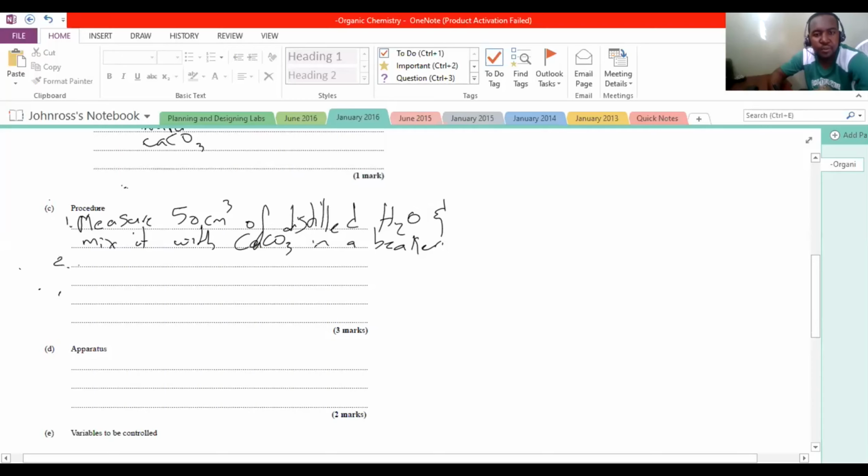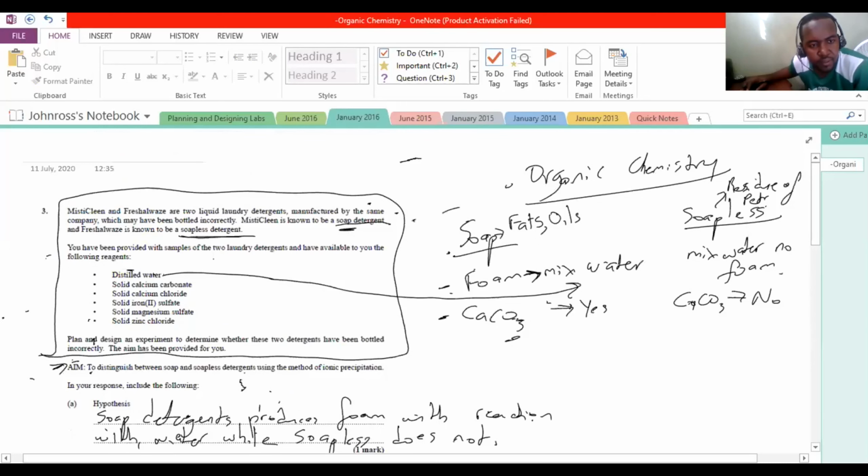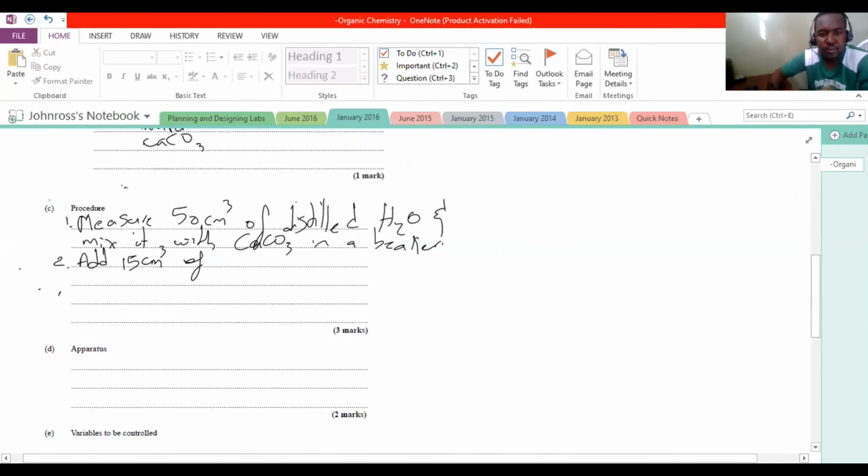Now we have it in liquid form, then we can do what? Add the soap. It's a detergent, so it's a liquid form, so let's say we use 15 cm cube. So add 15 cm cube of, let's use one of the brands, the Mitzi Clean first.